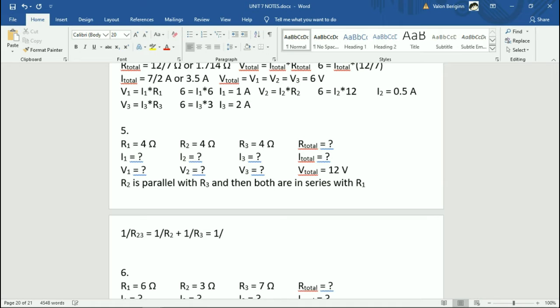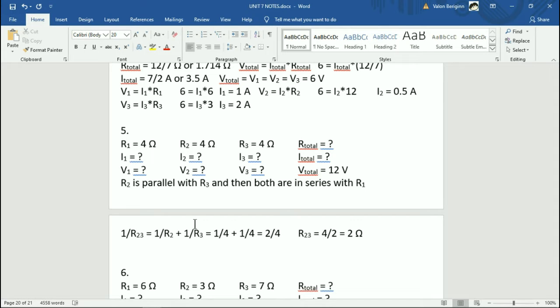Okay, 1 over 4 plus 1 over 4 equals, well, 2 over 4. So therefore, R23 equals 4 over 2, which equals 2.